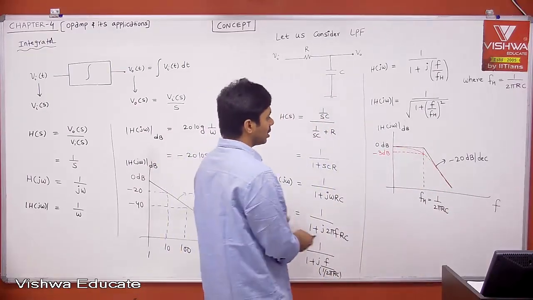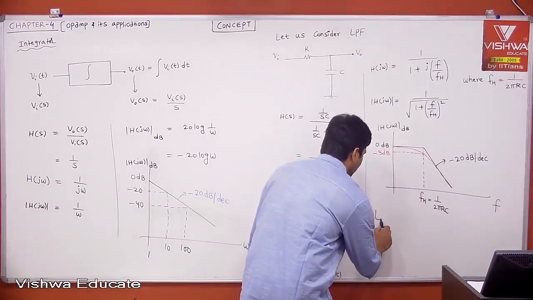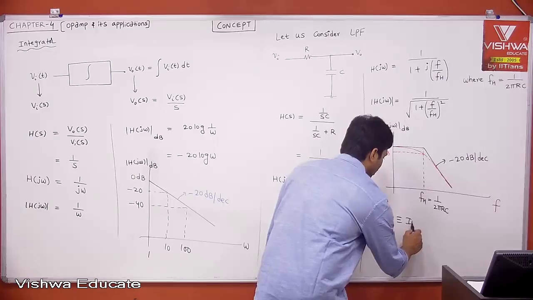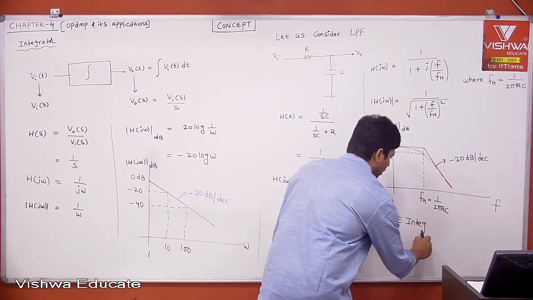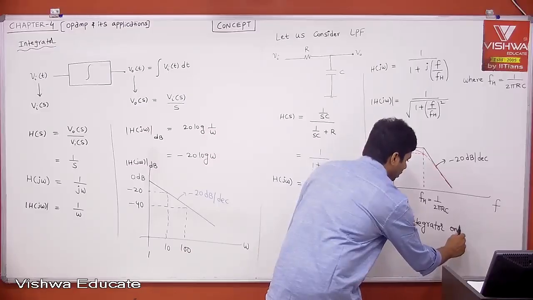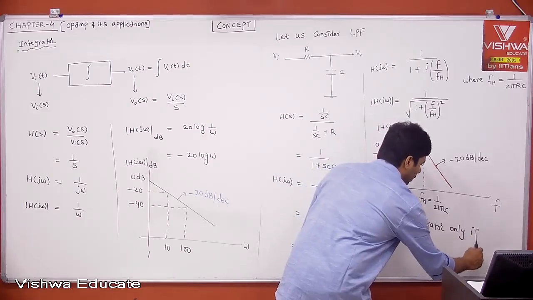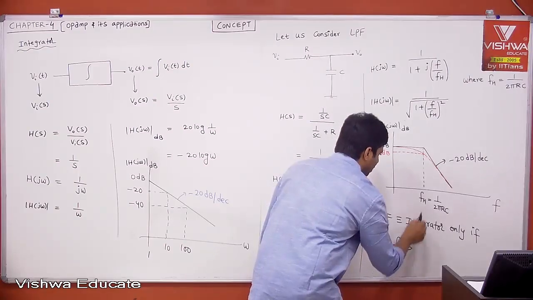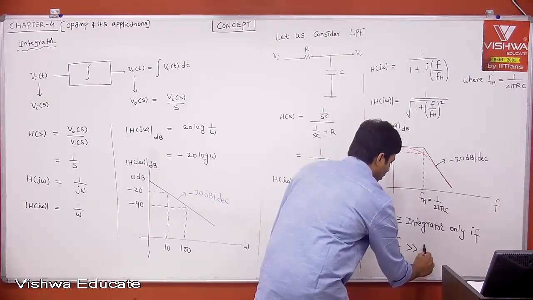Therefore, what is the answer? Your low pass filter is an integrator only if the frequency of your input signal is greater than fh.